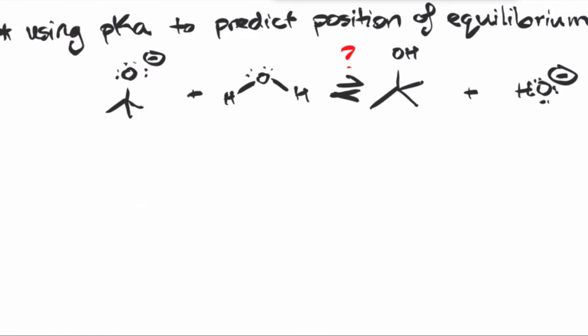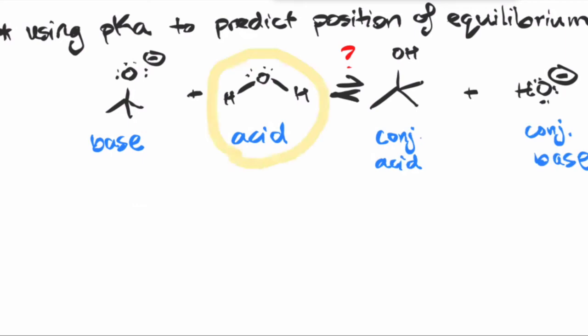From the previous section, we have learned to identify that the first species here is the base, and this will be your acid. So the protonated base then will be your conjugate acid, and the hydroxide on your product side will be your conjugate base. Now you want to go ahead and locate all your acids. And if pKa's are given to you, then great, go ahead and use that.